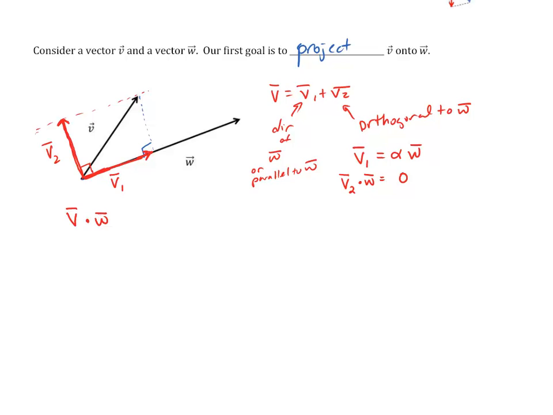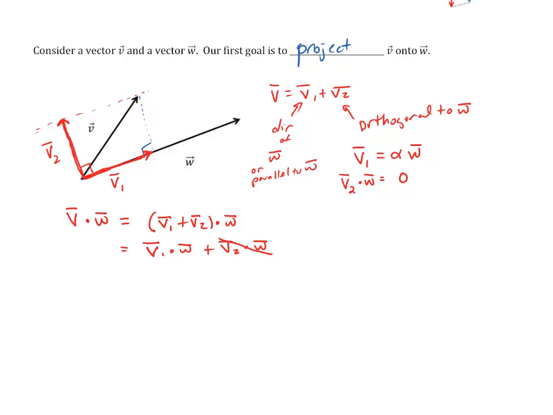And why do I want to look at that? Well, just see what happens. What is v dot w equal to? It's going to be, of course, because v is v1 plus v2, this is v1 plus v2 dot w, which is equal to v1 dot w plus v2 dot w.